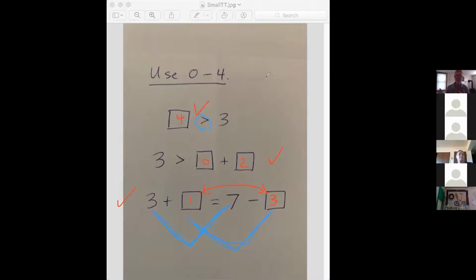You might think that if there are a lot of blank spots in one equation, that makes it easier, but it actually makes it harder, right? Because if there's a lot of possibilities, then it really doesn't help the student solve the rest of the puzzle. They want to find places where there are limited possibilities to get started.